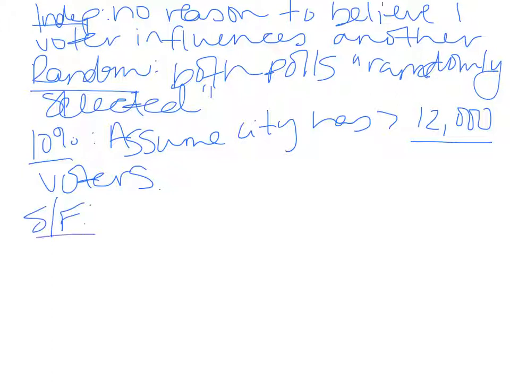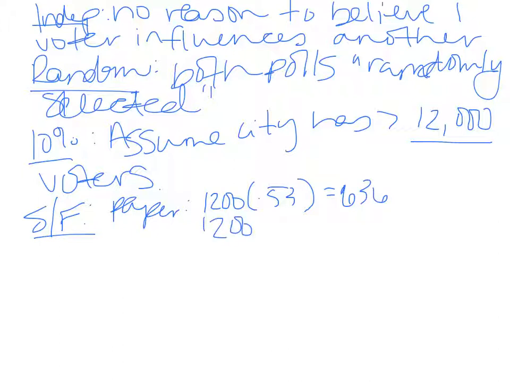Okay, so for the success value, we're going to have to do it for the newspaper and for the statistics class. So for the paper, we would do 1,200, their sample size, times they got a 53%. So that would be 636. And then 1,200 times 47% would be 564.